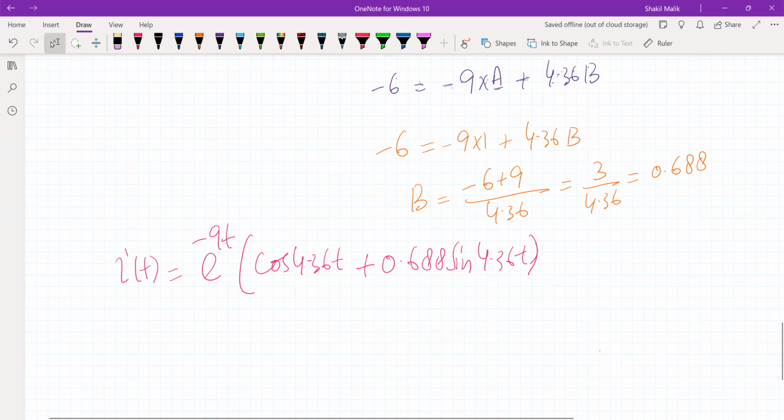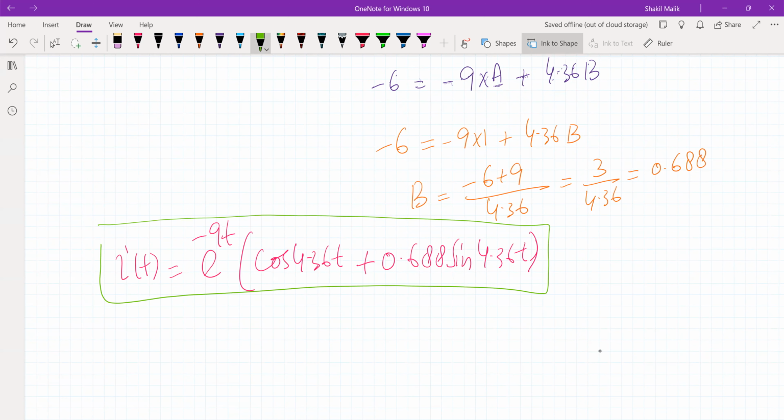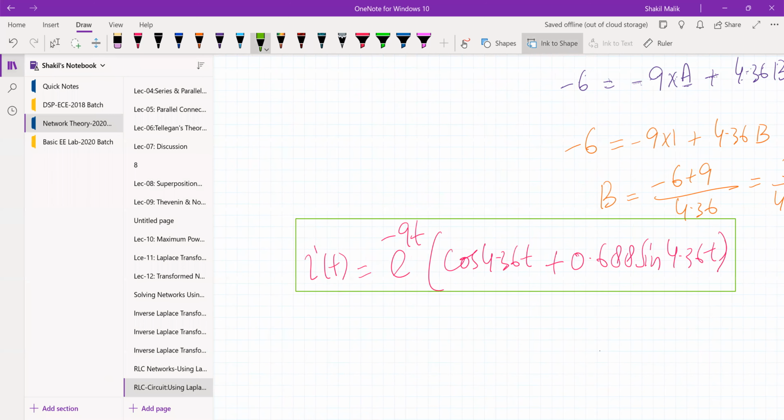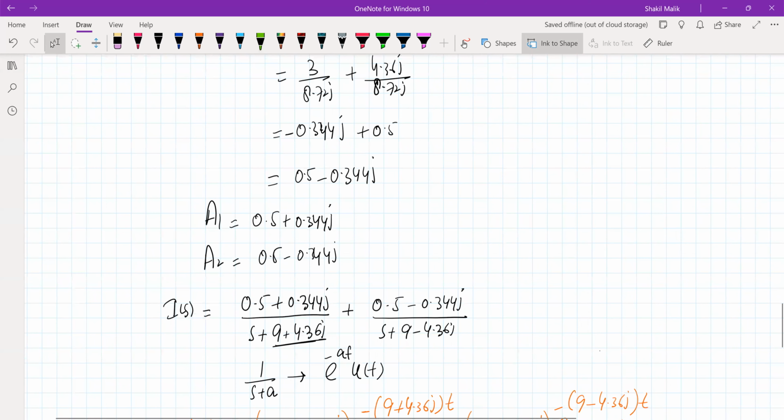Now compare this solution with the one we already found in the previous class, if you remember. The solution is e to the power of minus 9t times cos of 4.36t plus 0.688 sine of 4.36t.